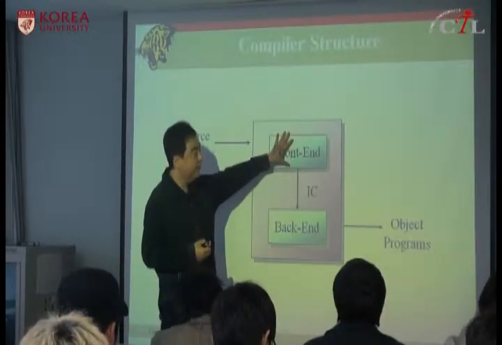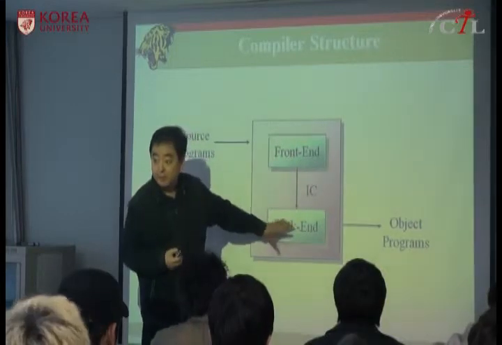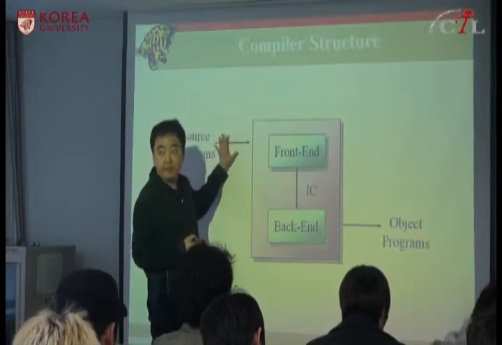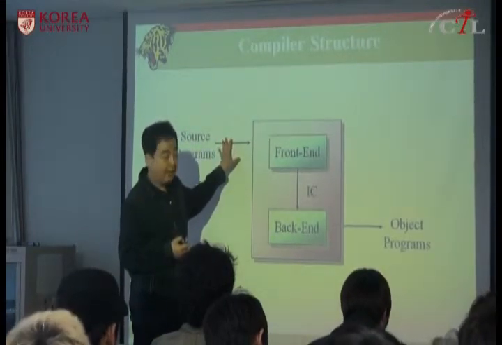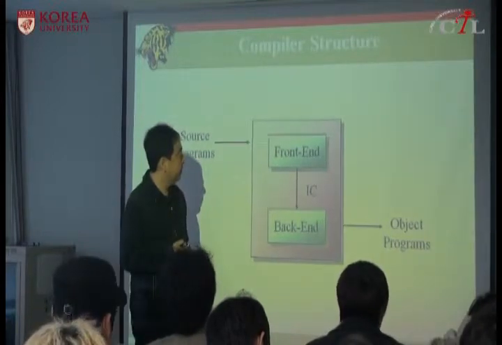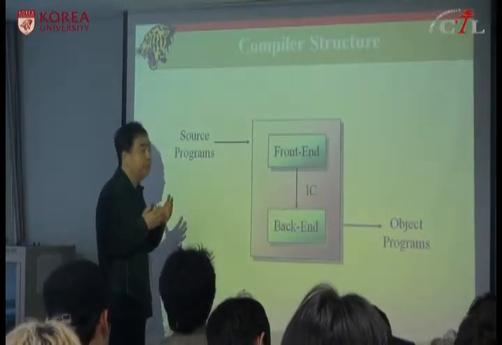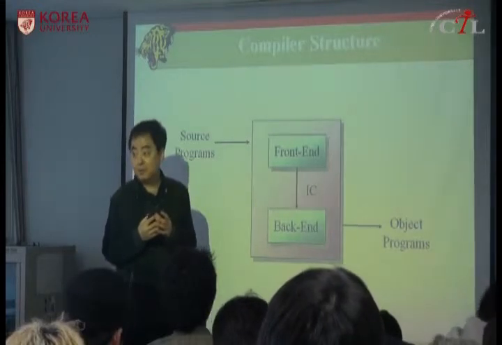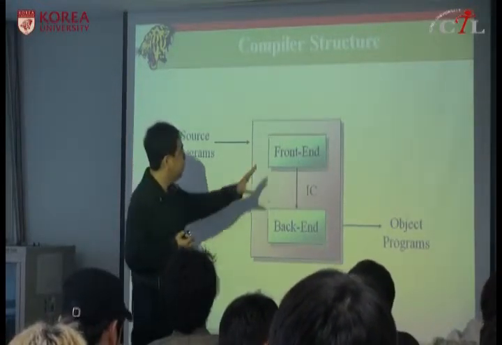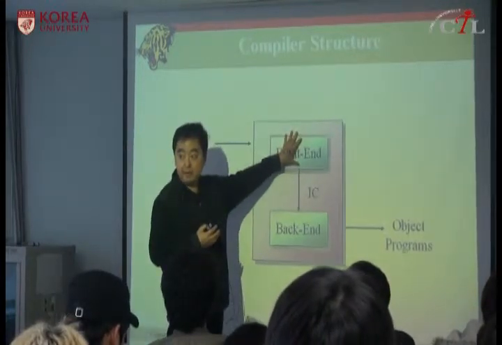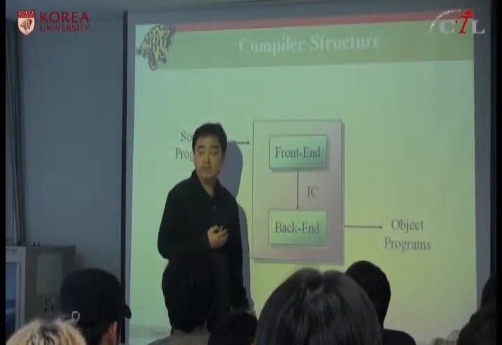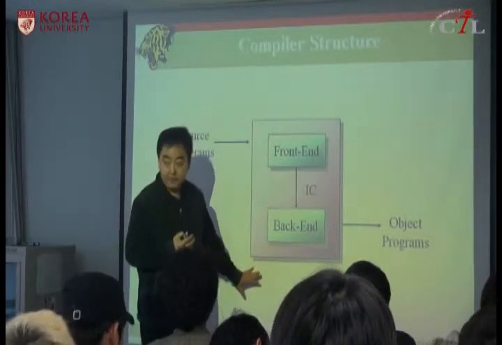So the front end is machine independent, right? Because you generate machine-independent code, right? But this is language dependent, right? So if you are a Microsoft person trying to develop a C compiler, you can use the same C compiler front end for other machines, such as maybe IBM PC.